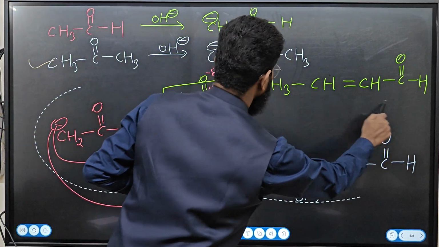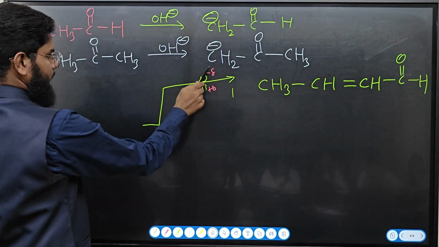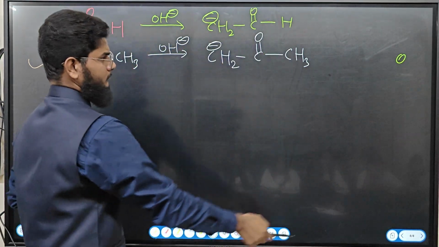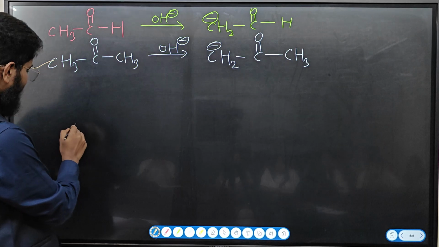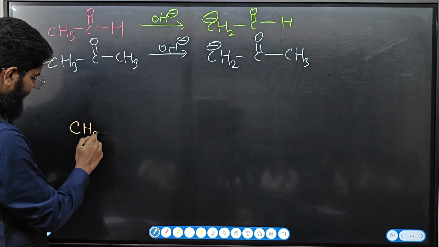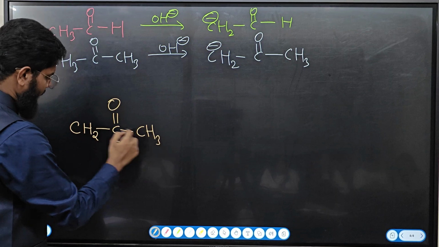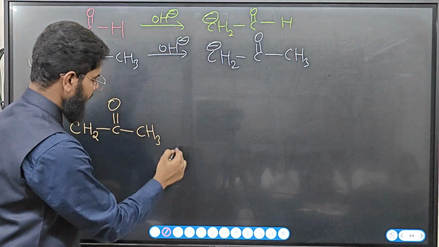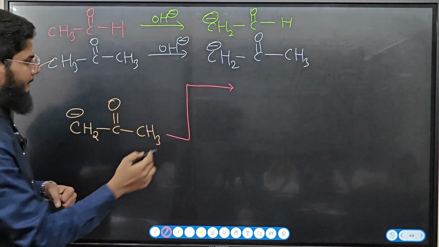So we can consider the second enolate. What is the second enolate we have? This one. This can react with a similar molecule of this.